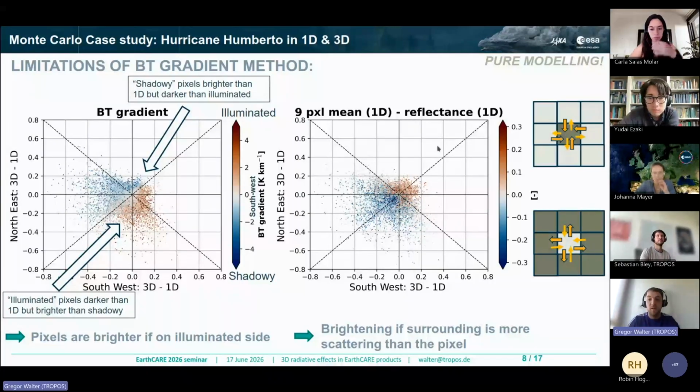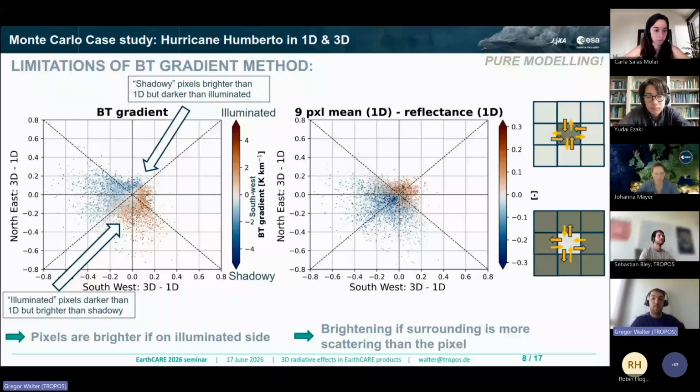And here we can then see that brightening is stronger if the surrounding is brighter. So we can then explain our values that are before difficult to explain from the brightness temperature gradient with the horizontal photon transport.